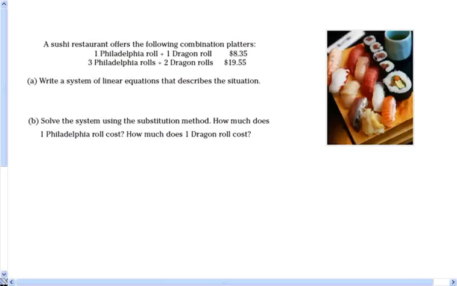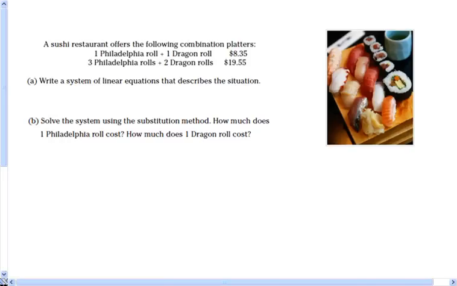Let's do this one, the sushi restaurant problem. So this restaurant offers the following combination platters. You can get 1 Philadelphia roll and 1 dragon roll for $8.35, or 3 Philadelphia rolls and 2 dragon rolls for $19.55. It says write a system of linear equations that describes this.